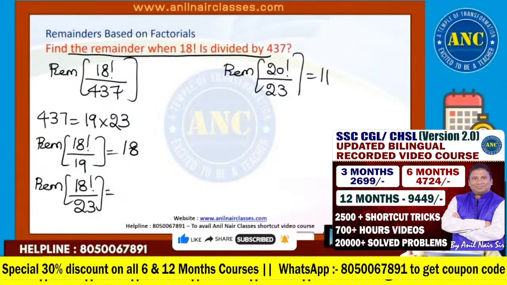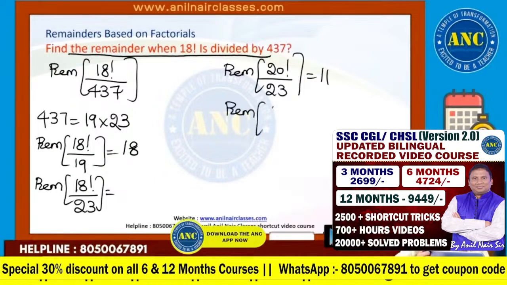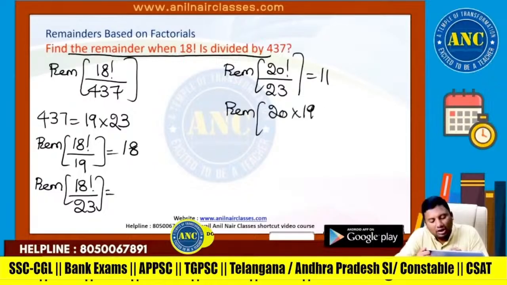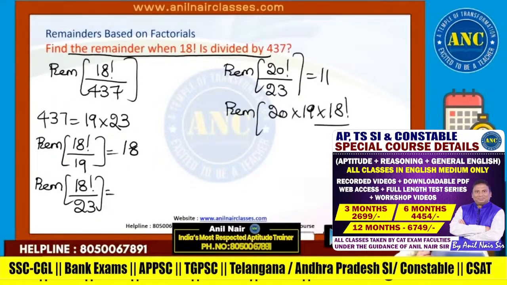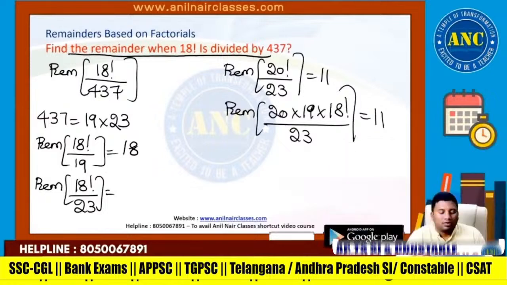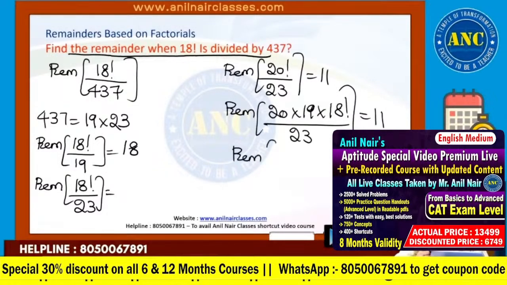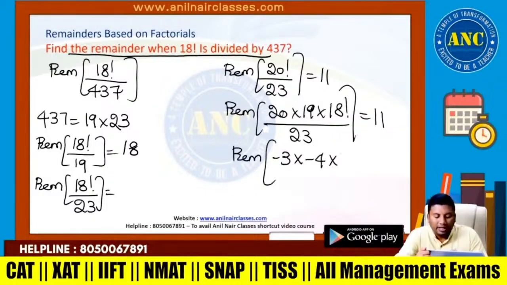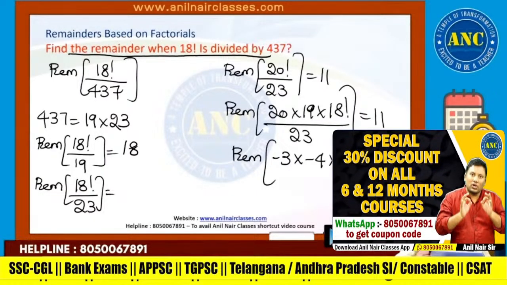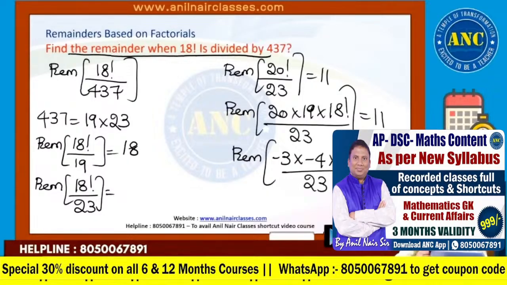Because it is of the form P minus 1 by 2. 20 factorial is 20 into 19 into 18 factorial, divided by 23, it is 11. 20 divided by 23 is minus 3, 19 is minus 4. 18 factorial divided by 23 is x. When I further divide by 23, the remainder is 11. Minus into minus is plus.